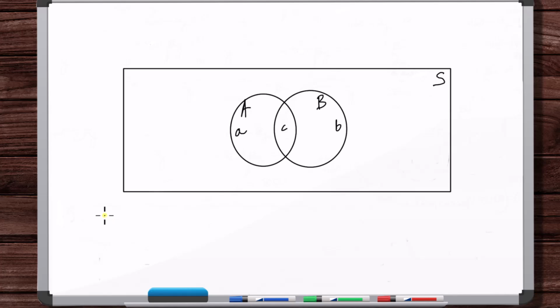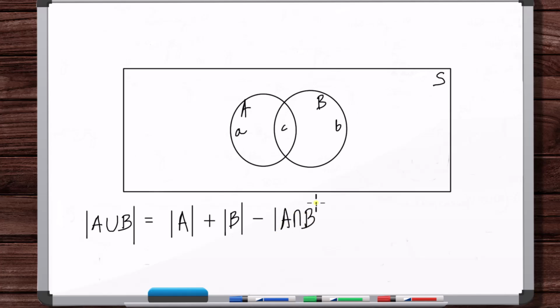So, okay, the formula is: the number of elements in A union B, that would be everything in A and all of B together but with no duplicates, is equal to the number of elements in A plus the number of elements in B minus the number of elements in A intersection B. That's the formula.